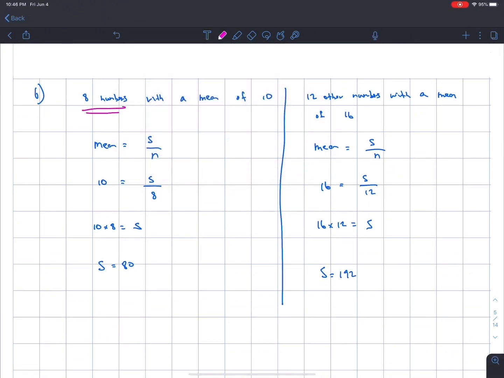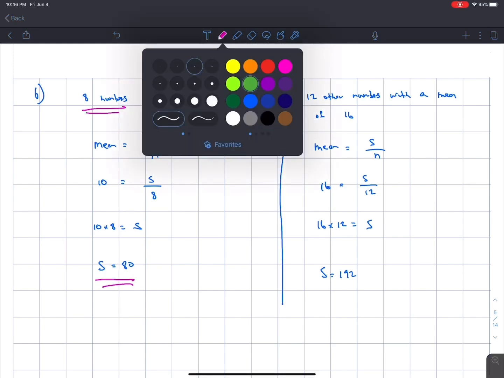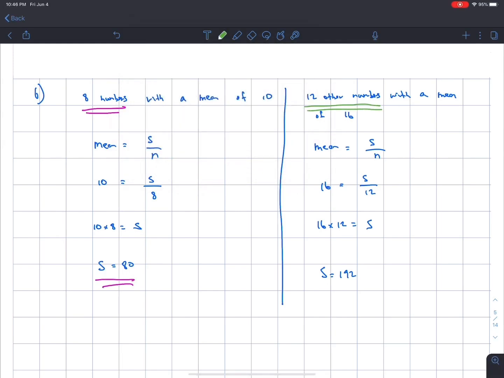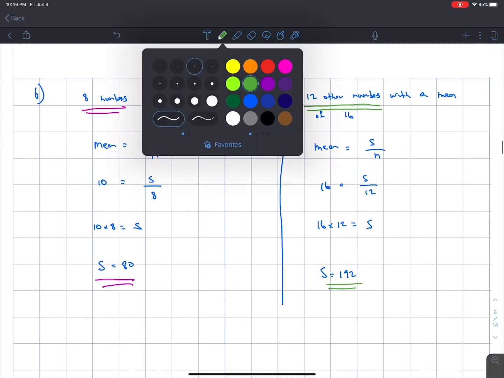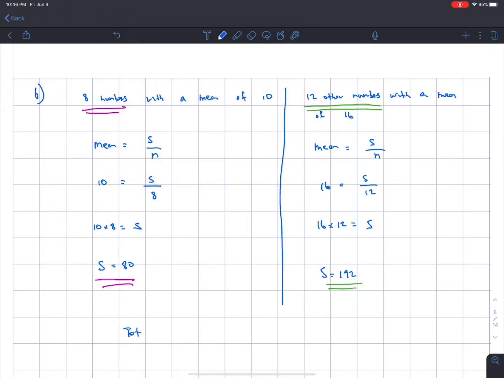So we have 8 numbers with a sum of 80, and we have 12 other numbers with a sum of 192. So now you can say that the total sum is 80 plus 192. We got 272.